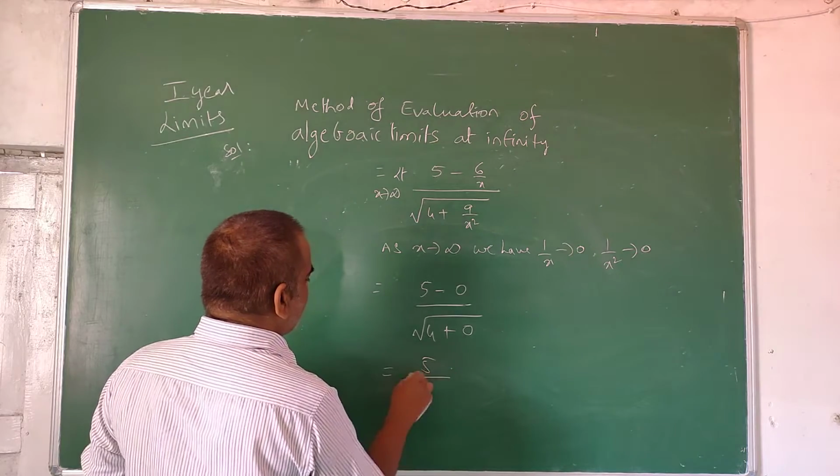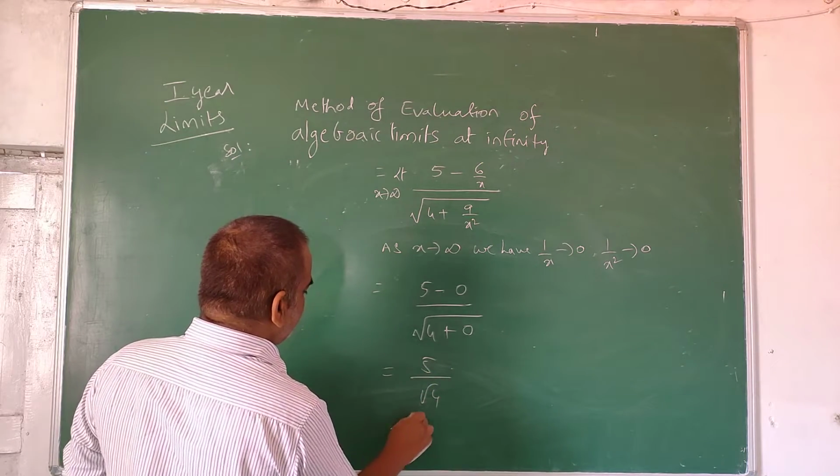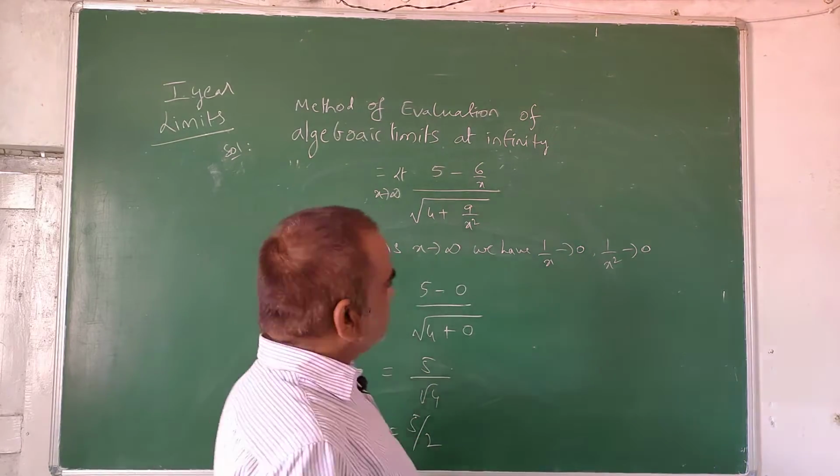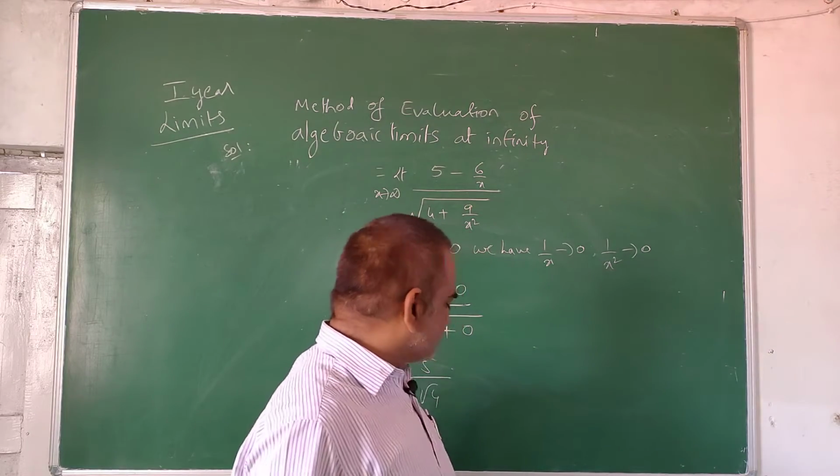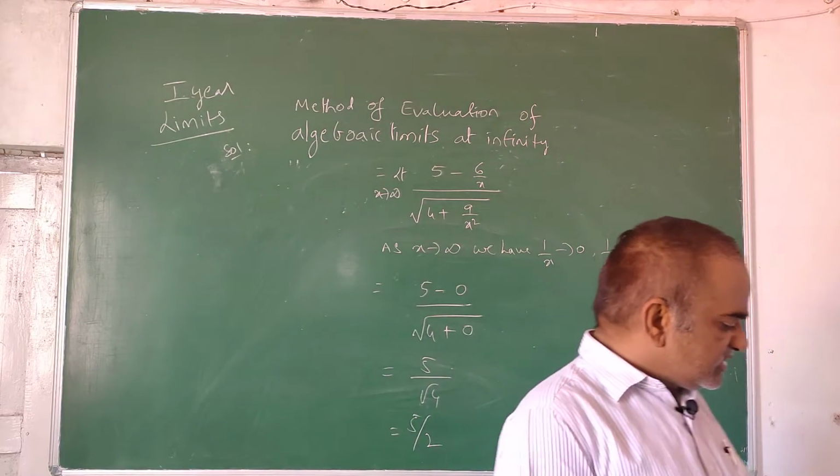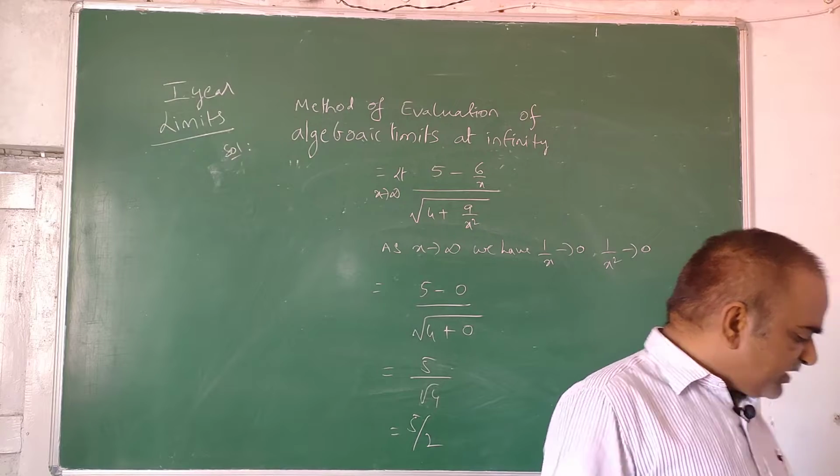So this is equal to 5 by root 4, which is 5 by 2. So the final answer is 5 by 2. Understood? Now let us go for the next question.